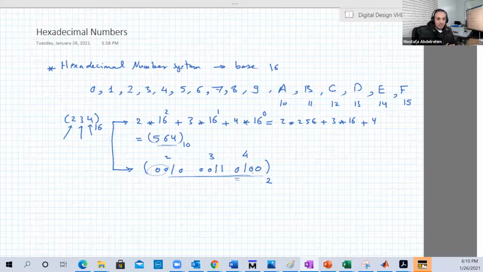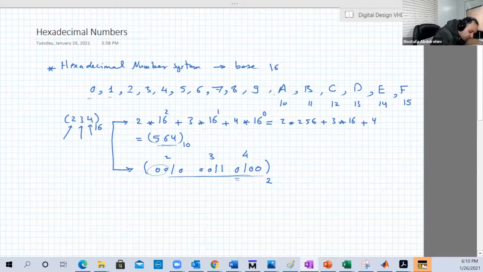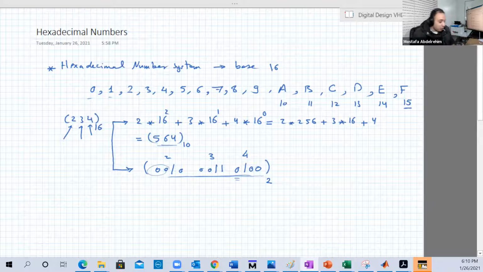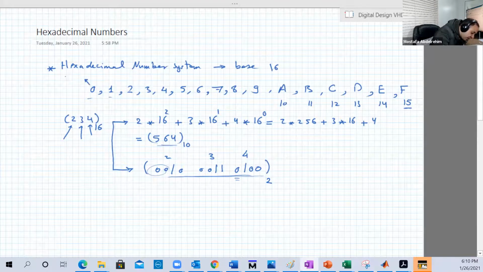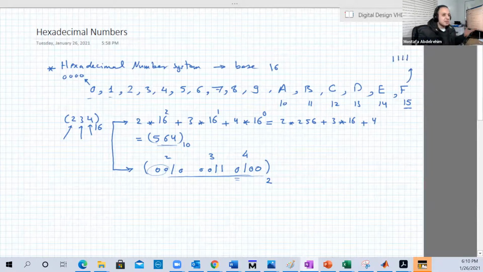Then you will have the hexadecimal number. Remember, each of the symbols from 0 to F needs a 4-bit binary number. For example, 0 is 0000 in binary, and 15 is 1111, which is the maximum. So we don't need more than 4 bits to represent any hexadecimal symbol, from 0 to 15.